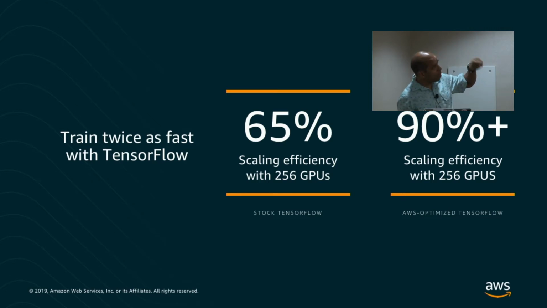With the optimized TensorFlow in these deep learning containers, we could gain 90+% efficiency with 256 GPUs. That means you can keep scaling the number of GPUs, and how quickly you get a trained model back is a lot better with the AWS optimized TensorFlow. We are looking to contribute this upstream because we don't want it restricted to AWS; it could be available to anybody.